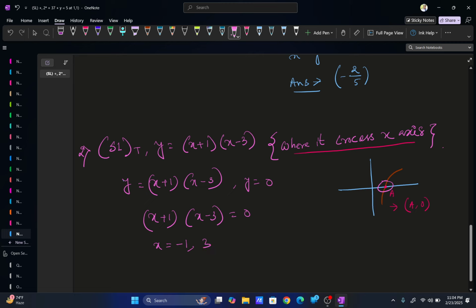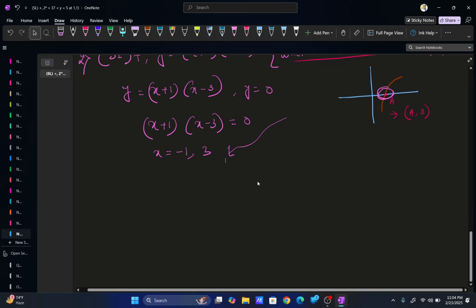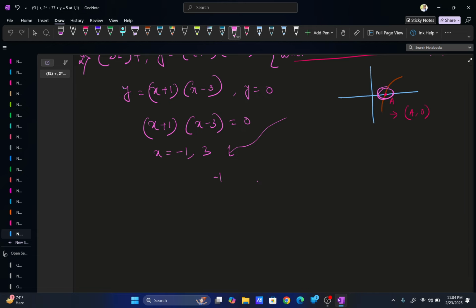From this we get two values of x. So the points are basically -1 comma 0 and 3 comma 0.